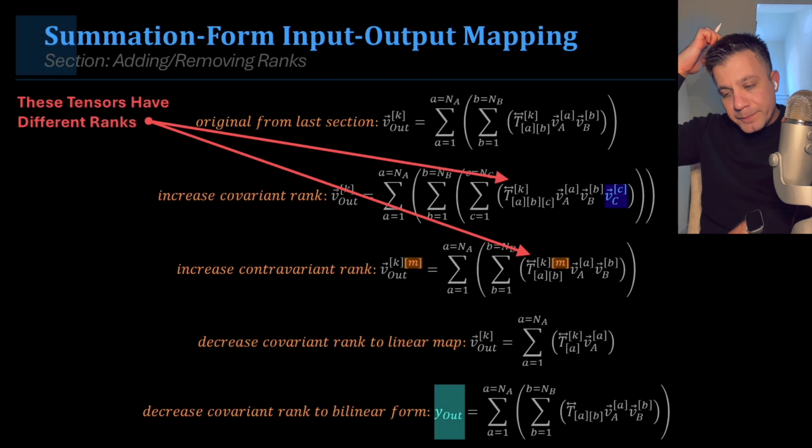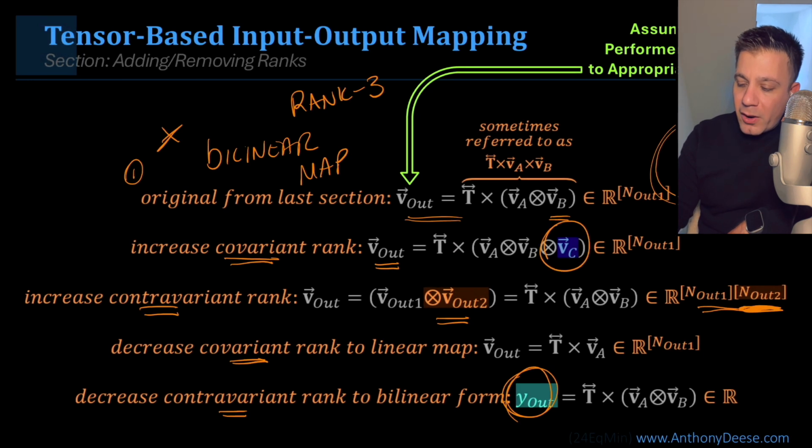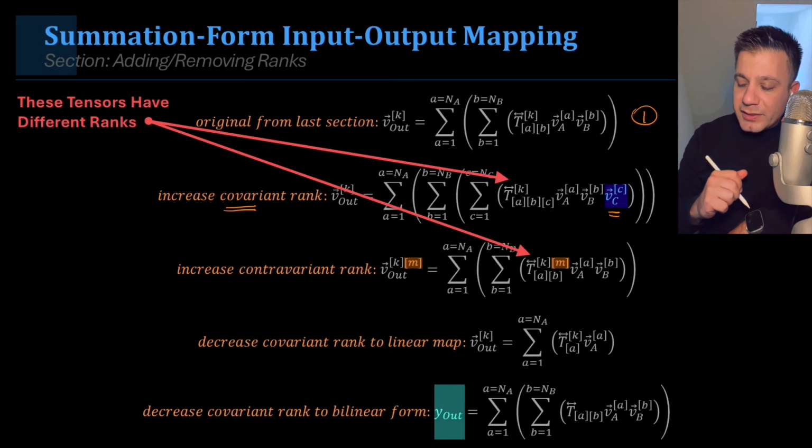Now moving forward, we can look at a summation-based form of these input-output mappings, and we'll see similar relationships. So here's our base case, and then down here we have the case where we increase the covariant rank. Two changes. Okay, first, as we saw before, we are adding an additional input, which we refer to as VC.